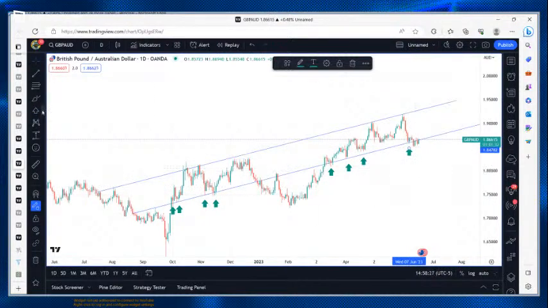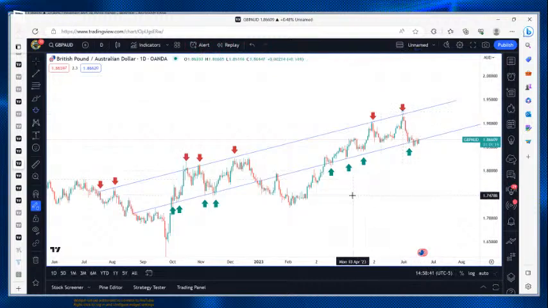And then also on the reverse side, we have resistance there, resistance here, resistance, resistance, resistance, resistance, and then we just hit resistance again.